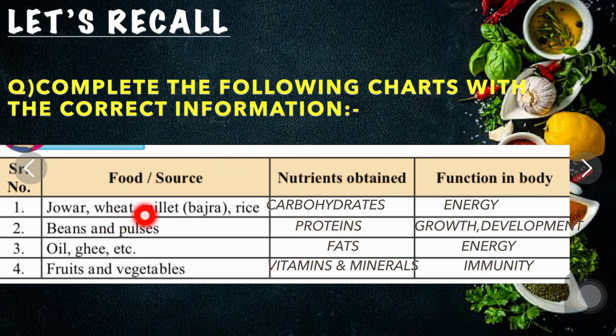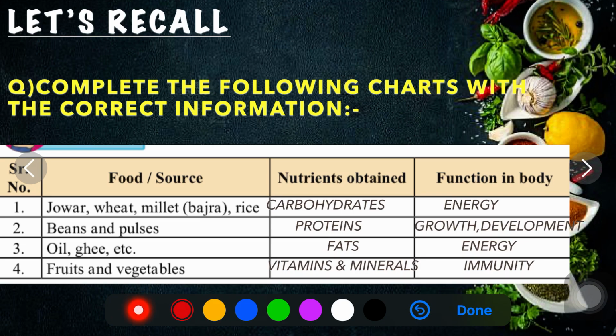The first column is about food. For example, jowar, wheat, millet, which is bajra, and rice. So the nutrient obtained is carbohydrate and it provides energy. The function will be energy.